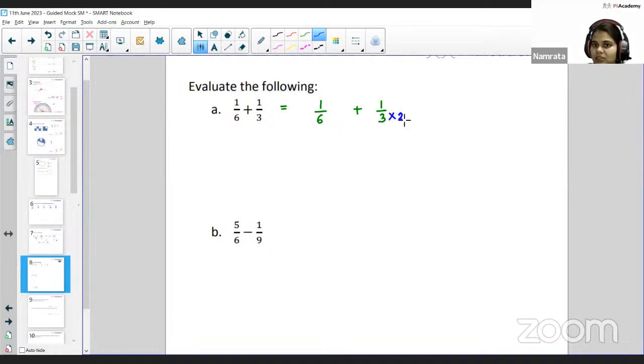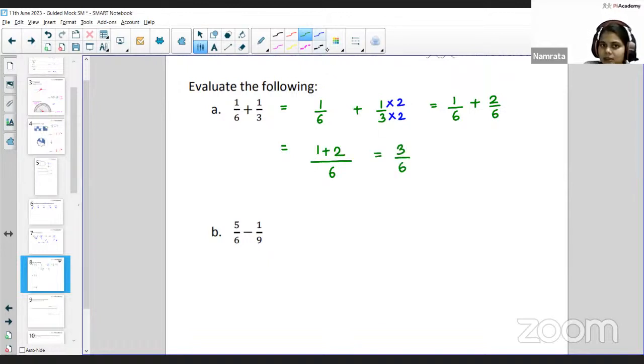So we'll just multiply 3 by 2, and since we are multiplying the denominator, we'll also have to multiply the numerator. So this will give us 1 over 6 plus 2 over 6. That is 1 plus 2 over 6, which is 3 over 6. We can further reduce this fraction and we'll get 1 over 2 as a final answer.